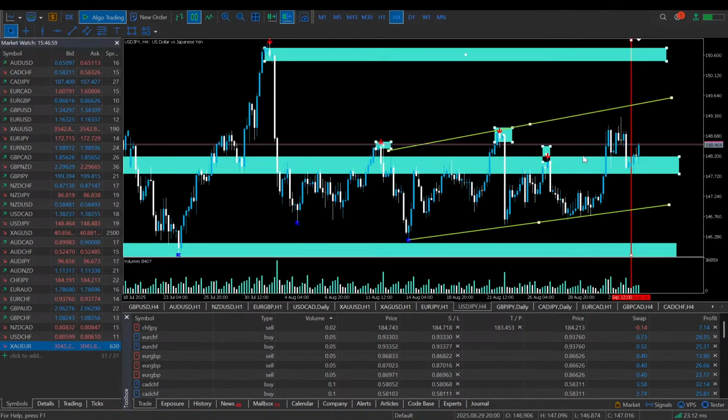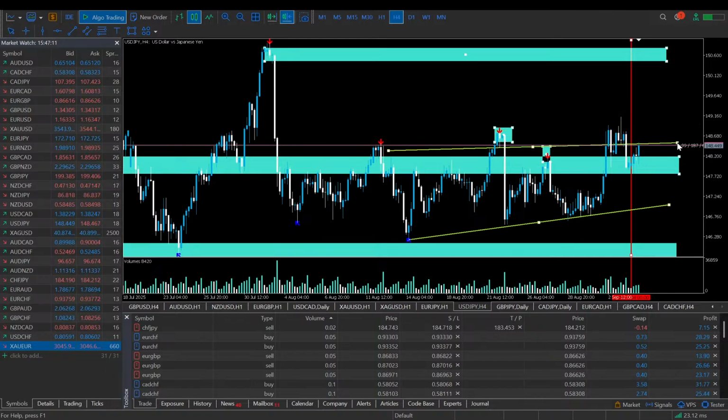All right, now continuation. Another way we can allow our line to stay on top of the high, and say that I'm waiting for a nice candle to close above.